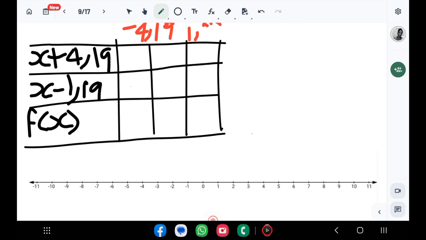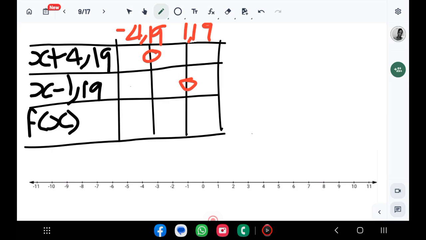Now, x plus 4/19 is 0 at negative 4/19, and x minus 1/19 is 0 at 1/19.